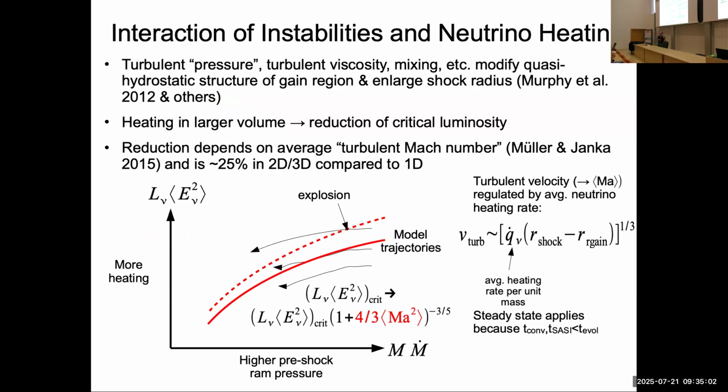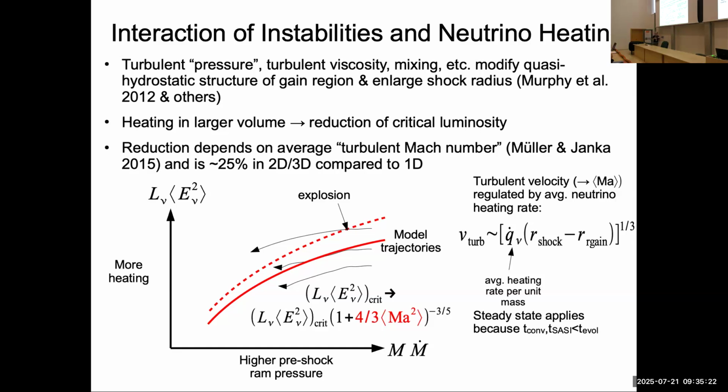They add various things like turbulent pressure and turbulent viscosity, and they transport heat around, and effectively that results in conditions that allow the shock to expand further than it would under completely spherically symmetric conditions.